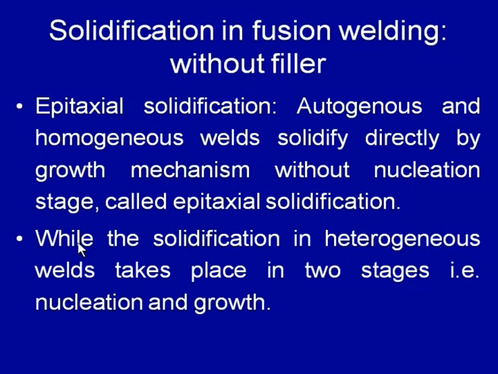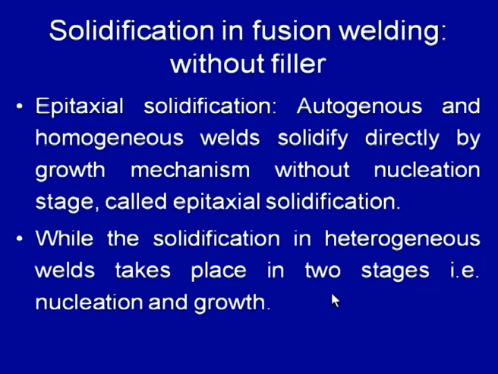While in those situations where the filler material composition is different from the base material, the solidification requires two stages: first the nucleation of the grains and thereafter their growth to complete the solidification sequence and produce the weld in solid state. So, the solidification in the heterogeneous weld, where the composition of the filler material is different from the base material, takes place in two stages.